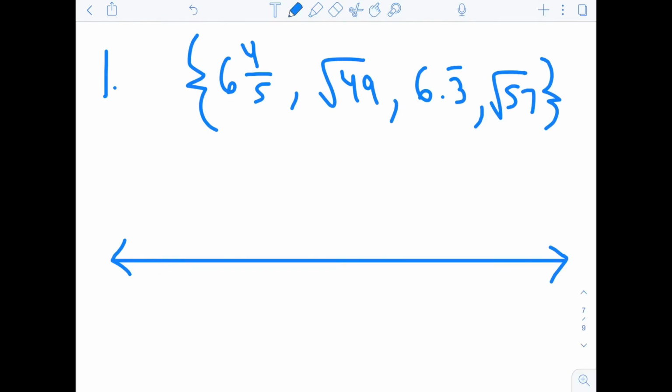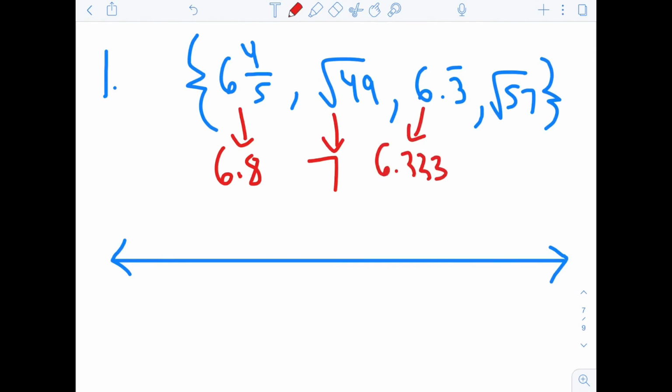So 6 and 4/5. If you put that into a calculator, that equals about 6.8. And the square root of 49, that's a perfect square, so it's 7, because 7 times 7 is 49. And 6.3 repeating is just 6.3333 forever.